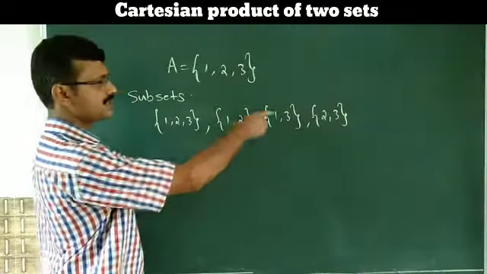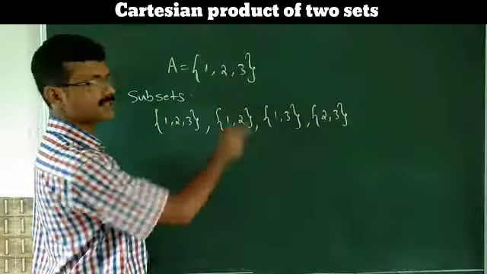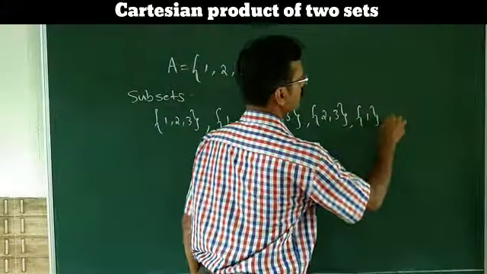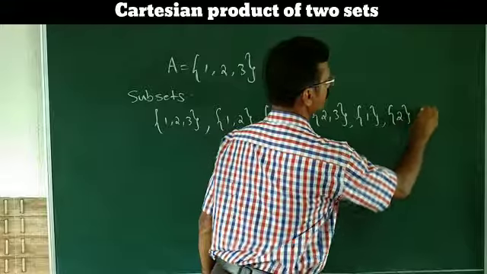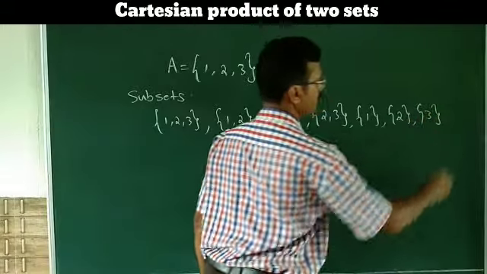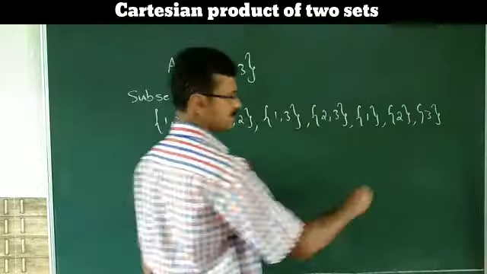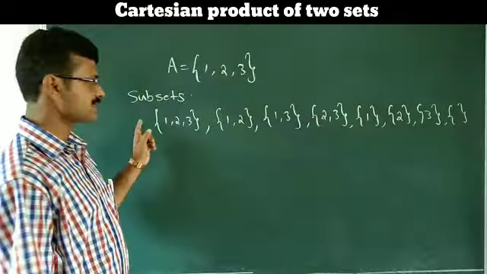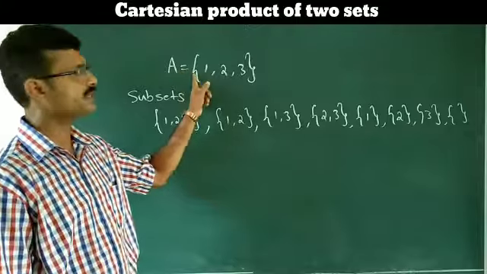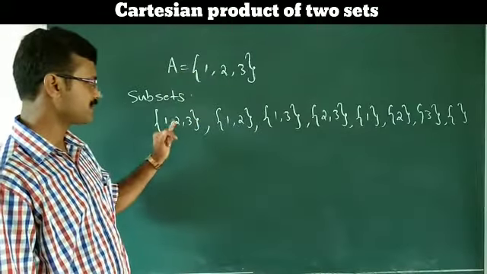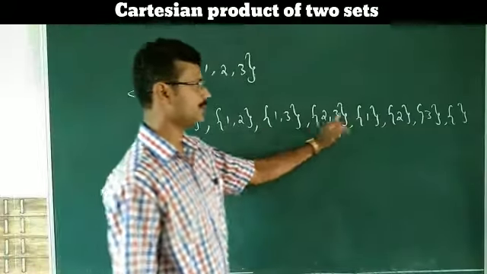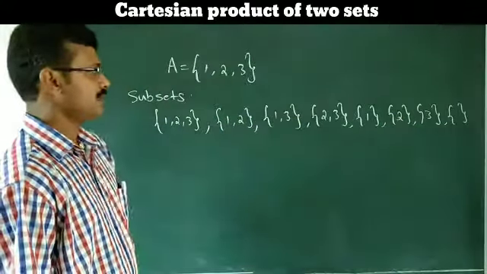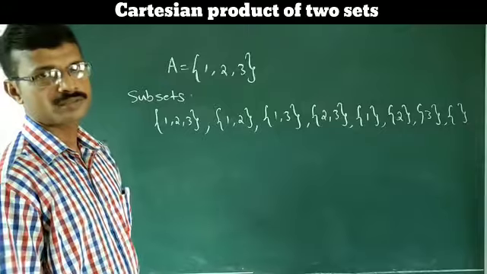So I have taken 2 elements at a time, all possibilities. Now we will go for 1 element at a time, and then the last one is the empty set. So these are the subsets of the set A, that is 1, 2, 3. If you count here, you can see 1, 2, 3, 4, 5, 6, 7, 8. 8 subsets are there.